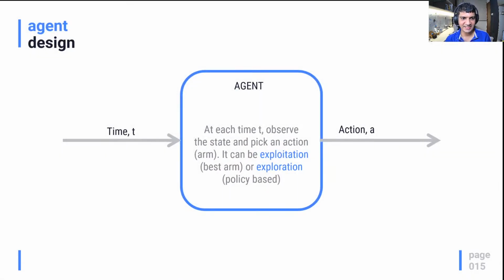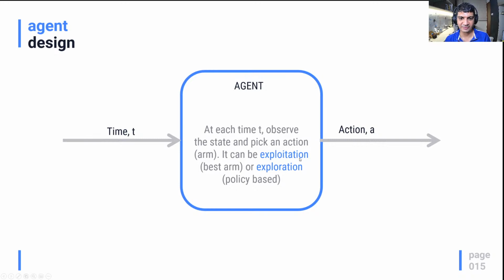Now, the agent design that we are going to look at is as follows. At time step t, we will observe the states, and these states could be how much reward each arm has got, or in the case of a contextual bandit, what context we have at the moment. And then on that basis, we are going to pick an action or an arm, as we will call it.